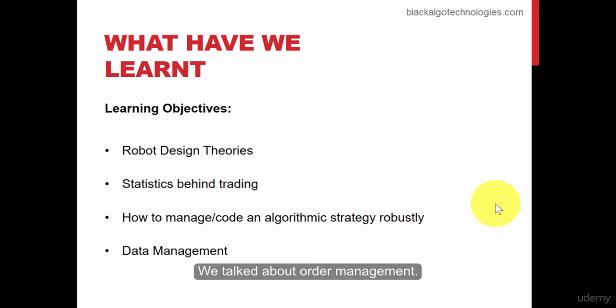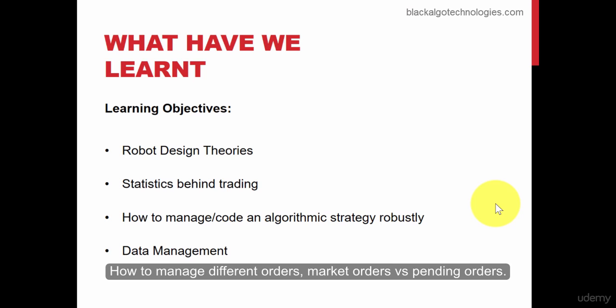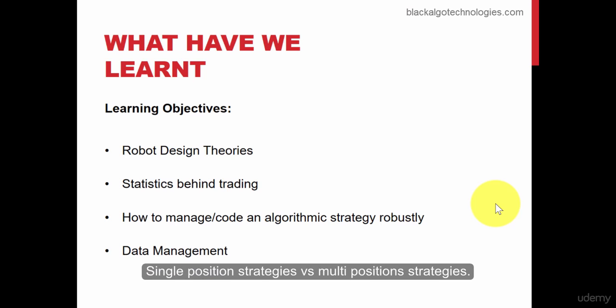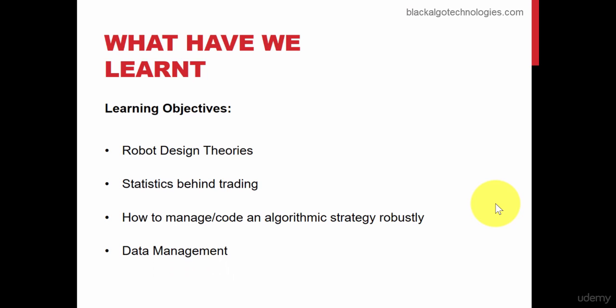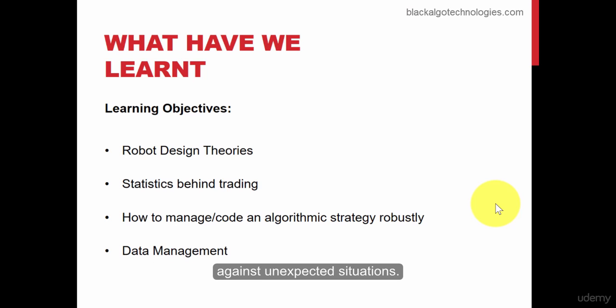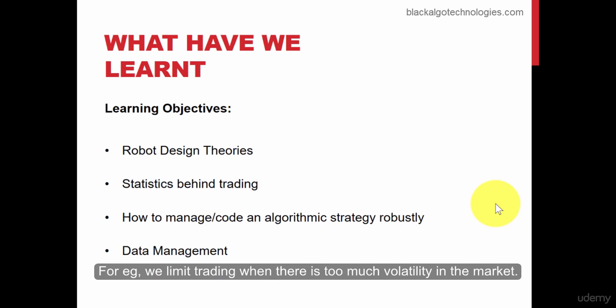So we talk about order management, how to manage different orders, market orders versus pending orders, single position trading strategies versus multi-position strategies, how to manage trading stops, how to create volatility trading stops, adaptive volatility trading stops, etc. And of course, we learned how to code in a way that protects ourselves against unexpected situations. For example, we limit trading when there is too much volatility in the market.